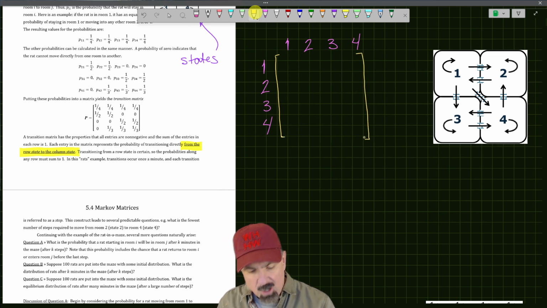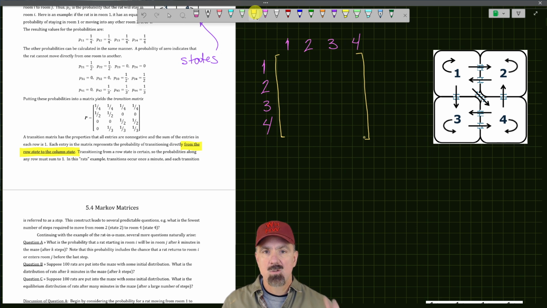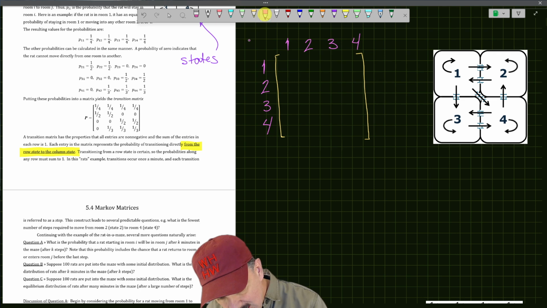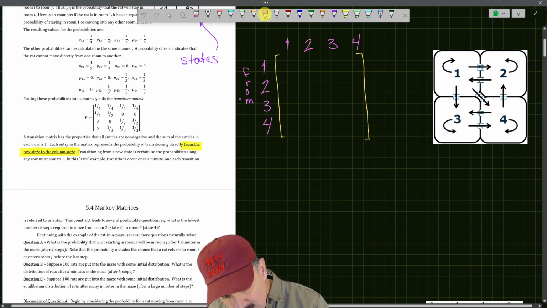There's a difference between general transition matrices and Markov matrices, and we'll talk about that a little bit later. So the whole idea is we're going from the row states to the column states.